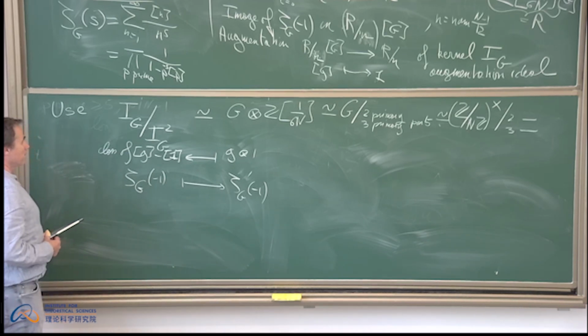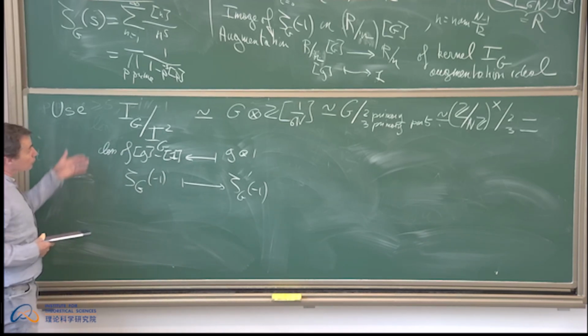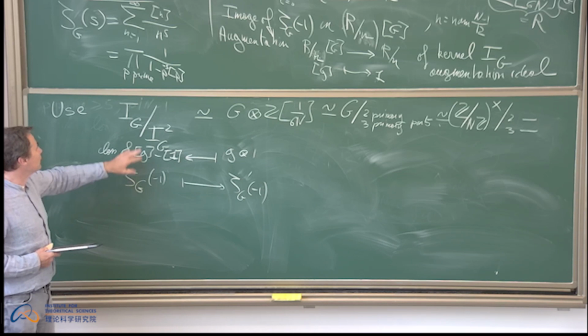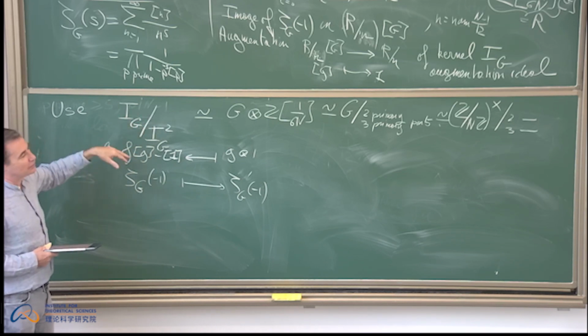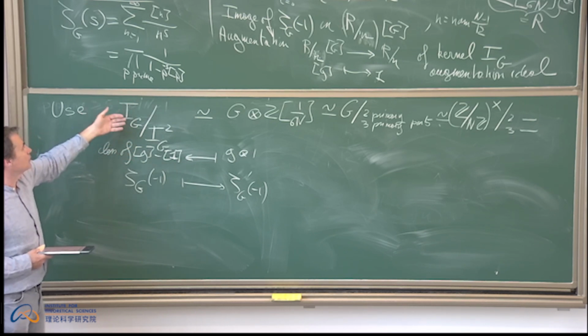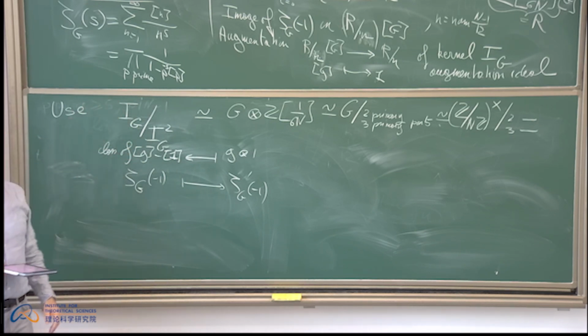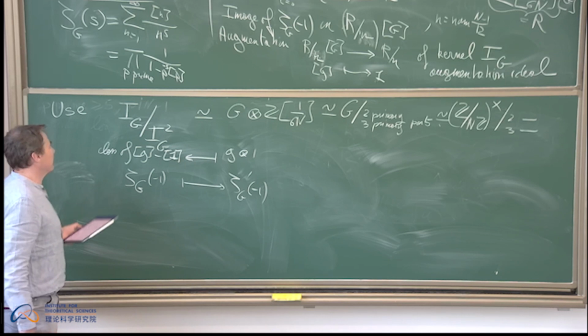Okay, and suppose this thing would vanish, would be in the second power of the augmentation ideal, then we would like to look at it modulo the cube of the augmentation ideal, which would be like taking the second derivative. Okay, so you can do the calculation.